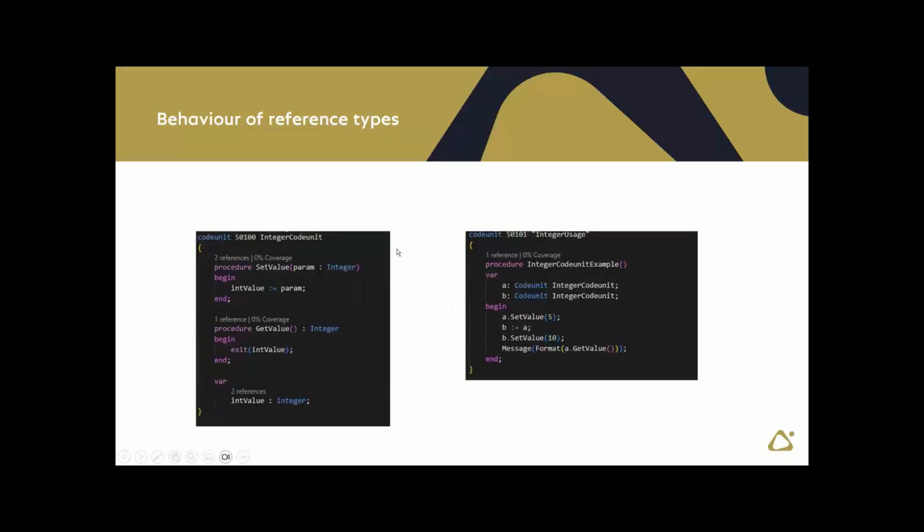When we think about reference types, they act a little bit different. So in this case, I just created a code unit which is representing an integer. So it's more or less an integer. We have a set value and a get value. And we do the same as we've done before for this code unit.